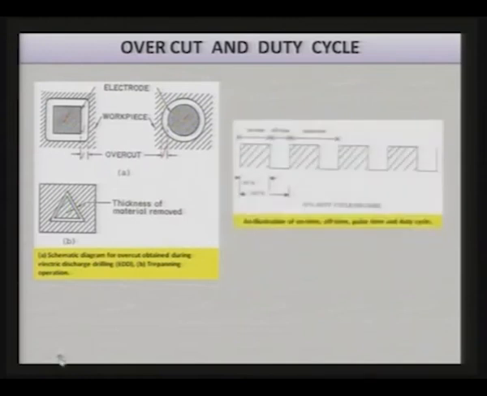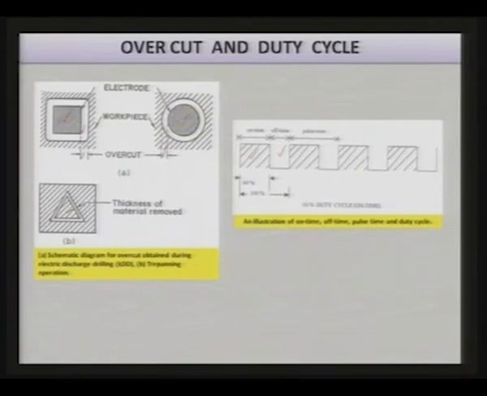Now, I have mentioned to you just now and in the earlier classes also that there is the on time and off time of the pulse, it may be the voltage pulse. In case of voltage pulse, this represents the on time, that is when the voltage is on, and when there is no power supply it becomes the off time, and you can see clearly that there is a certain width of on time and certain width of off time.